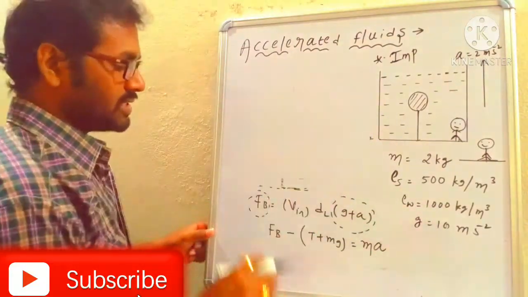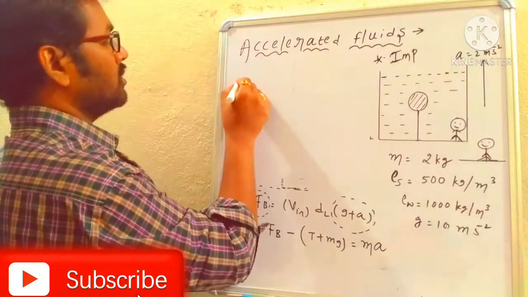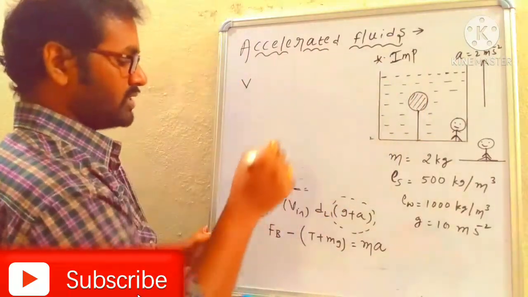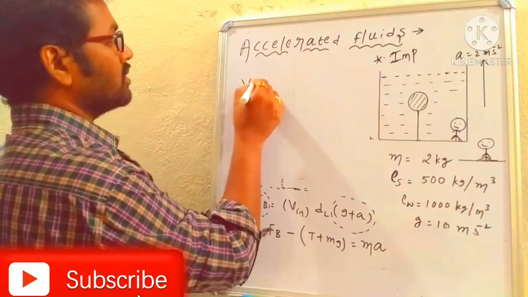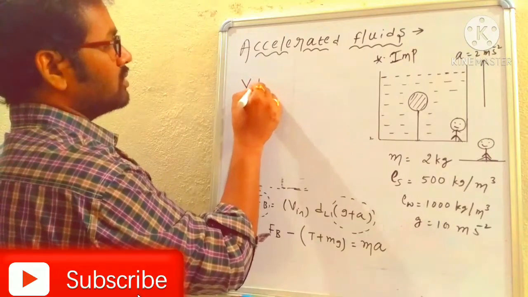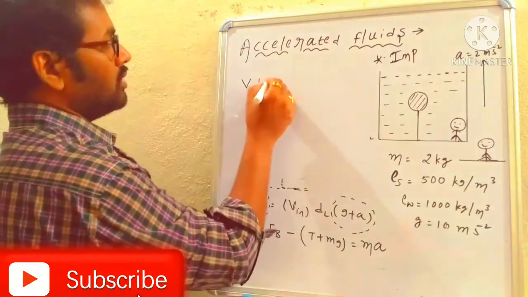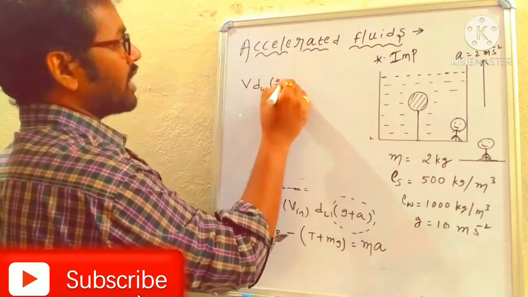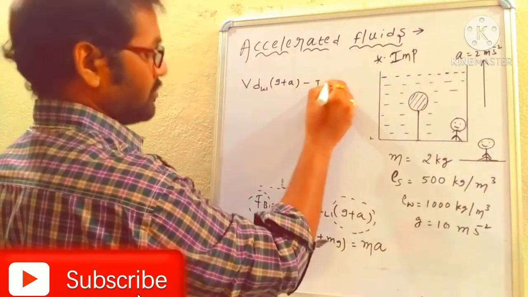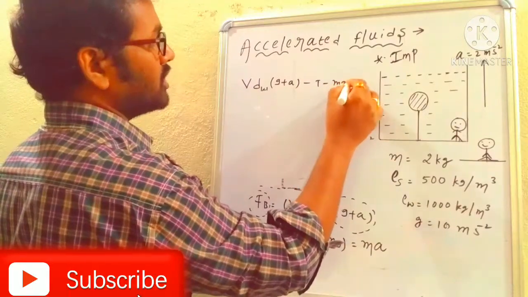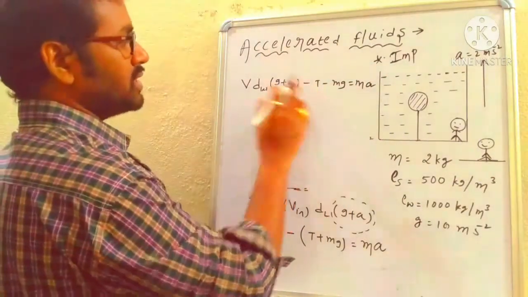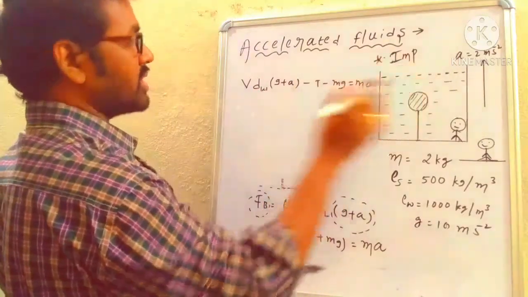So what can we write here? FB is equal to, because the whole sphere is inside the liquid, the total volume we need to take, V times the density of the liquid, which is water, times the effective gravity g plus a, minus T minus mg, equal to m times a. We need the T value, so take T to that side.